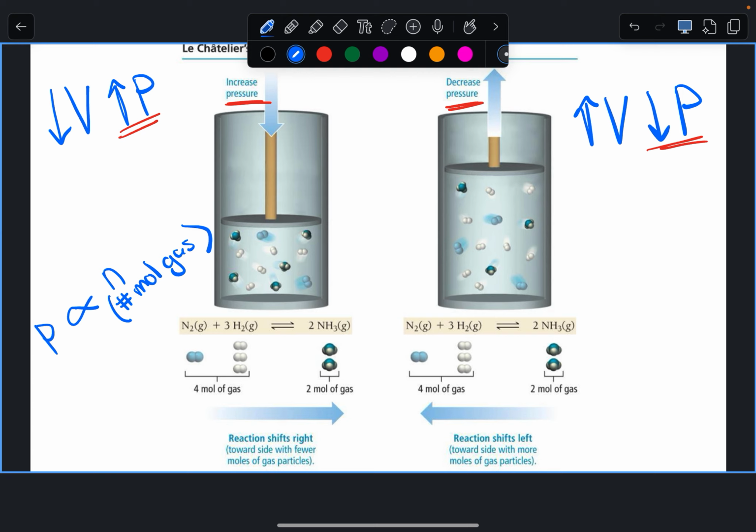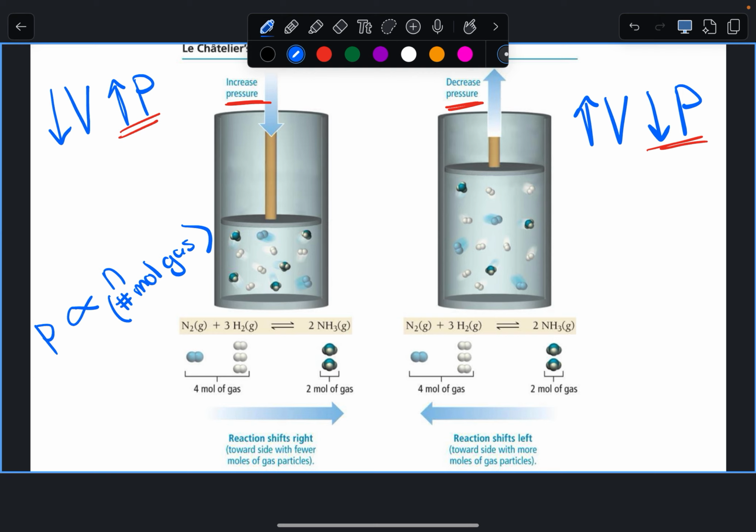We dropped the volume, so the pressure is higher now because the molecules are hitting the sides of the container more. The reaction has to shift to relieve some of that pressure. So the way it does that is it goes to whichever side has fewer moles of gas. So in this case, there's 1 mole of nitrogen and 3 moles of H2, so 4 total. And over here, there's 2. So the reaction will shift towards the 2 in order to bring that pressure back down.